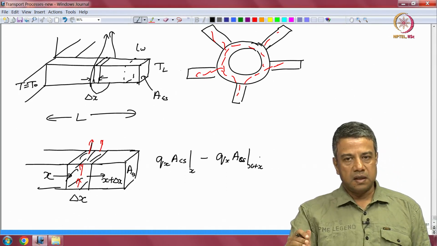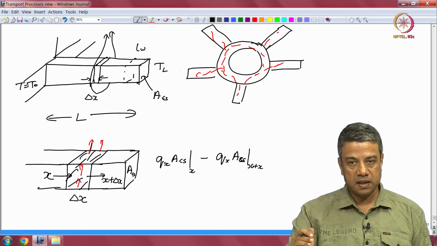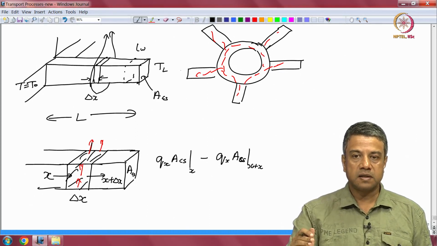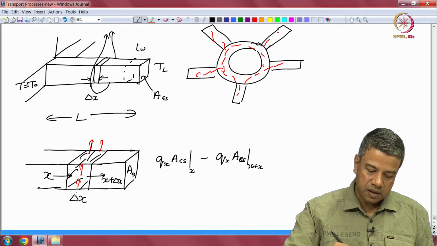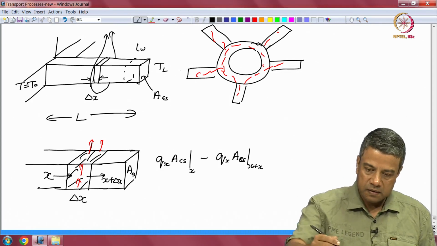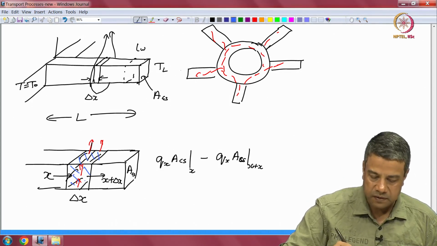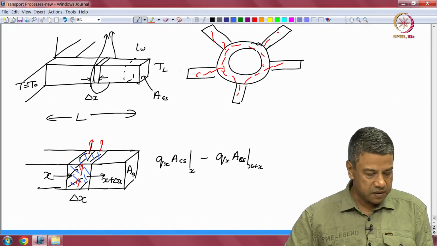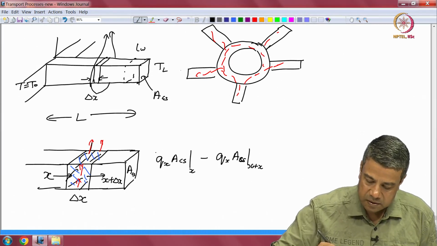The difference at steady state, the difference in energy coming in at x minus the energy going out at x plus delta x has got to be equal to the total energy that has been convected by natural convection from the surfaces of this object. So, what is the energy leaving due to natural convection?